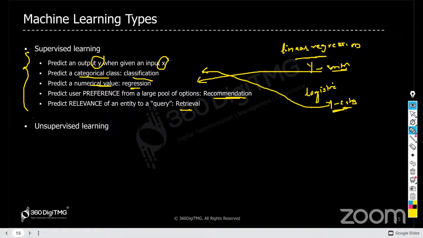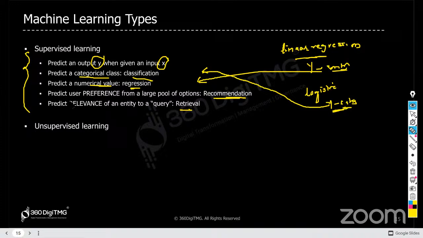Predicting a numerical value is regression, and predicting a categorical class is classification. From a pool of options, predicting one option according to the user preference is recommendation. Predicting the relevance is retrieval.